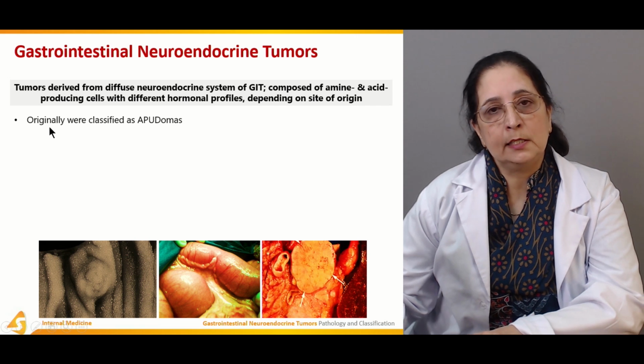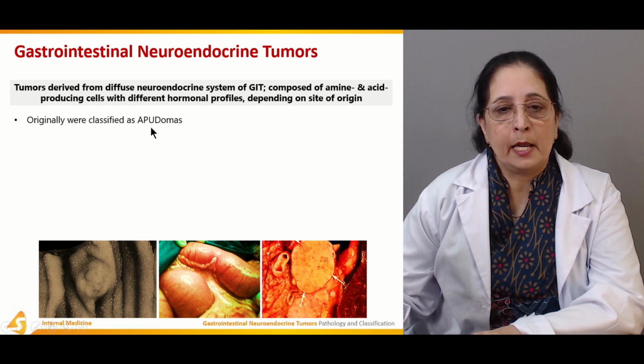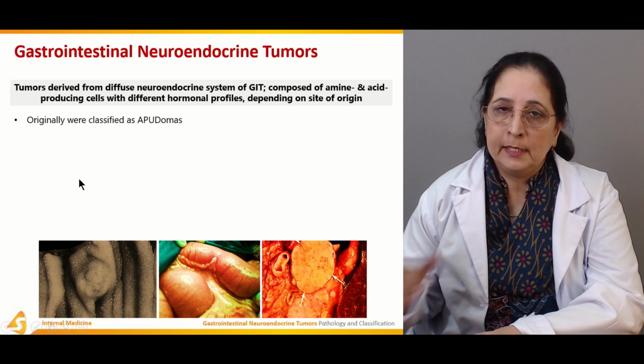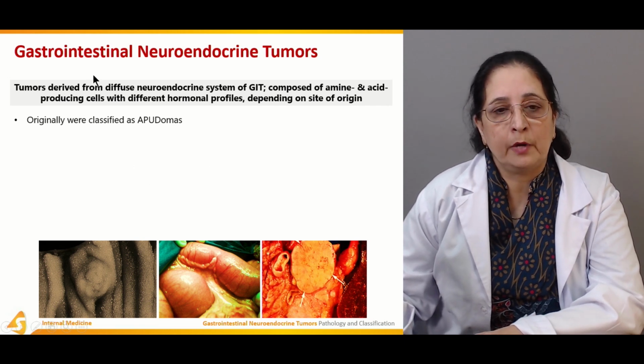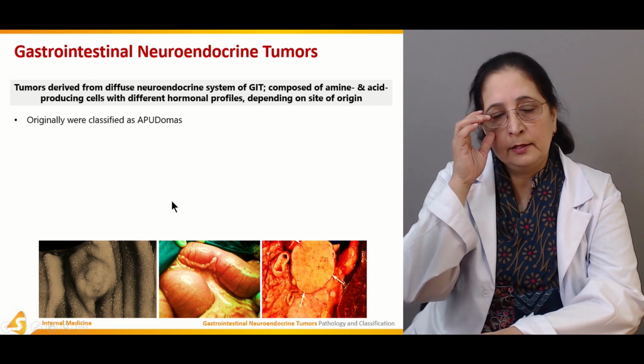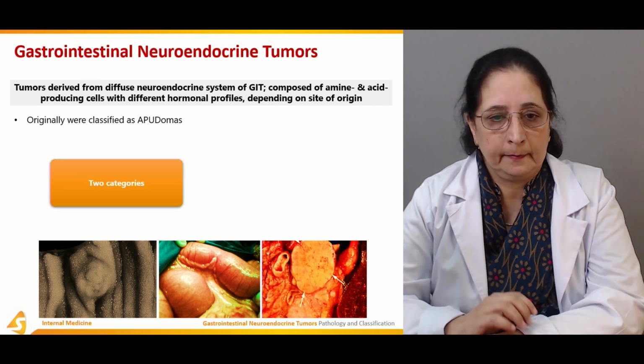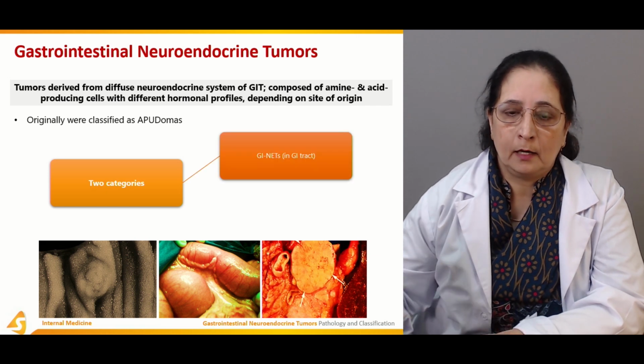Originally, they were classified and known as apudomas, but this term is no longer used now. So apudomas are now called gastrointestinal neuroendocrine tumors. Two categories are present.